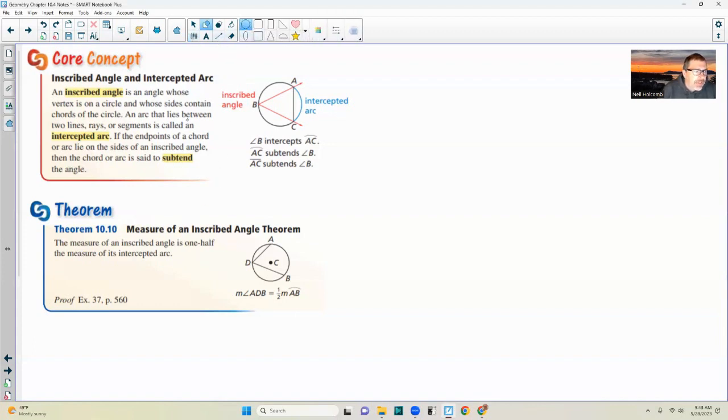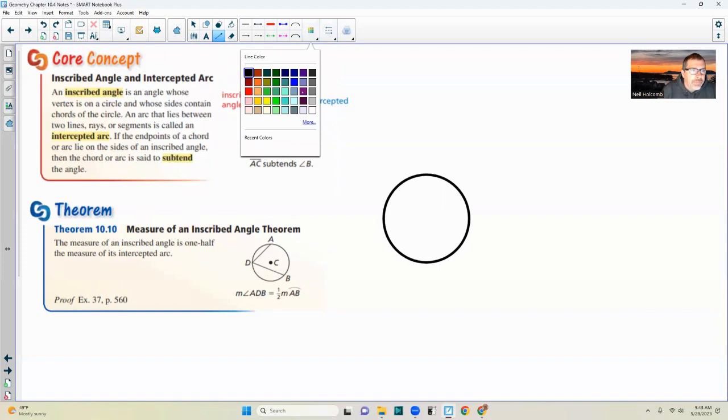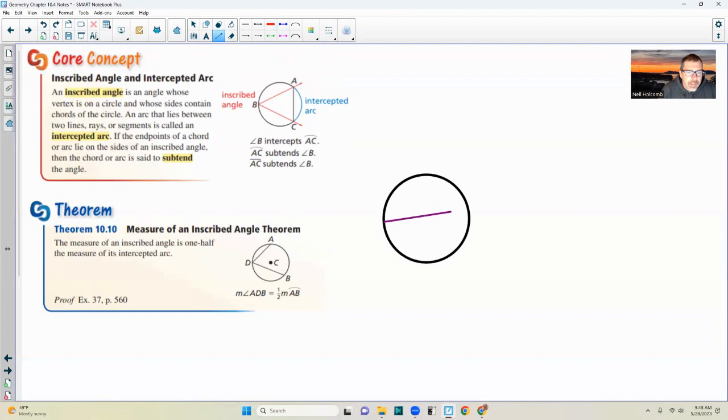Now, there's a proof on page 560, but I'm just going to say it really quick right here. So if you have a circle and I draw an angle and it goes through the center of the circle.